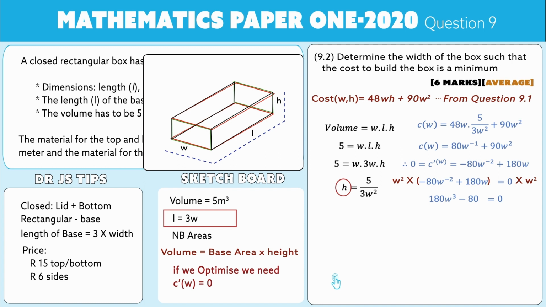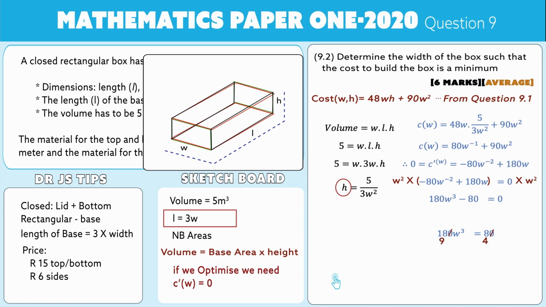Now it's easy. What is W cubed? Well, we get W cubed by itself to give us 80 on the right-hand side. We can cancel our 2 zeros. We can divide the 8 by 2, we have a 4 on this side, and we divide the 18 by 2, it gives us a 9.